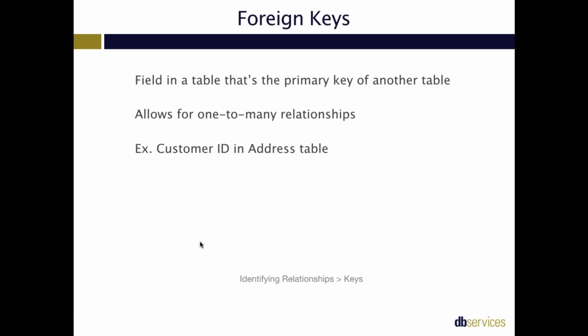Okay, what are foreign keys? Foreign keys are the other piece of the puzzle when it comes to making data model relationships. And so what is a foreign key? A foreign key is a primary key of a table in another table.